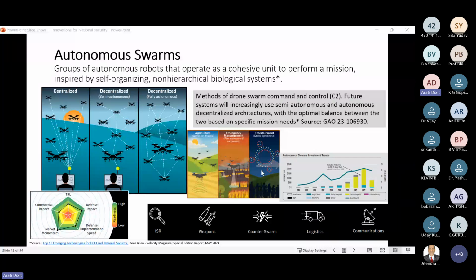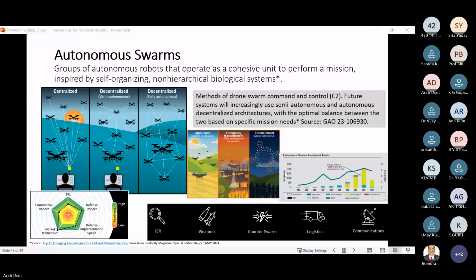in the world. So this is a technology that is of importance, and the radar chart shows that yes, we still have to make a long move in different aspects like commercial, TRL, defense impact, and defense implementation speed. But the market momentum is huge for this. So also look at the investment that is seen here on the investment chart on the right hand side.